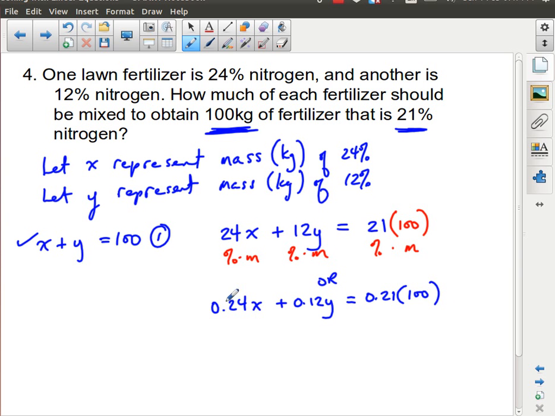Because now we've actually converted these to proper percentages. What have I done between these two? If I multiply this entire bottom equation by 100, 0.24 turns into 24, 0.12 turns into 12, 0.21 turns into 21. And we've learned in a previous lesson that you can multiply an equation, so long as you multiply everything or divide everything by the same amount, so long as whatever you do to the left side, you do to the right side, that's mathematically valid.